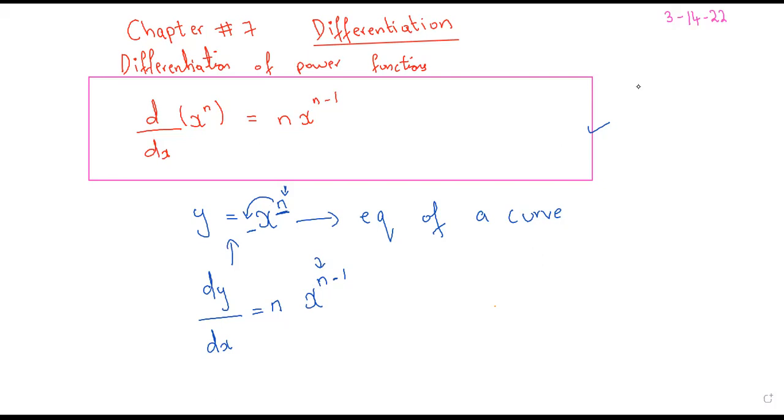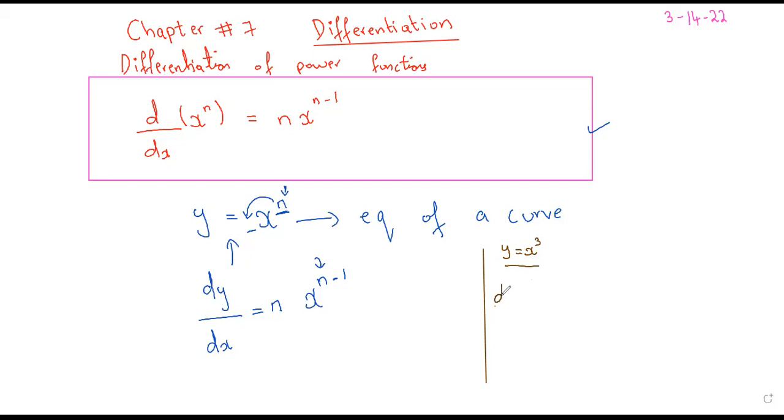For example, let's say, I'll start with very basic examples and then I'll get to the complicated ones. So let's say I have y equals x cube and I am interested in finding out the derivative, or I'm interested in differentiating this equation. The wordings could be different. The idea, the method, the solution is same.